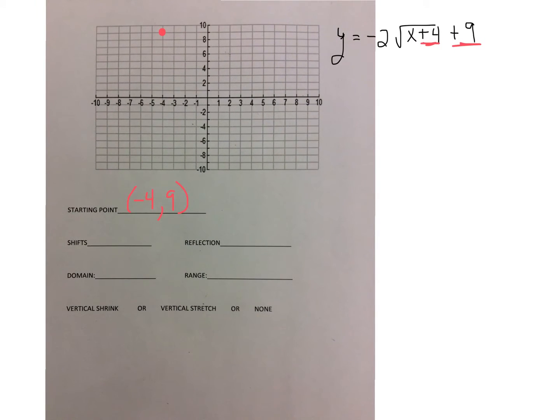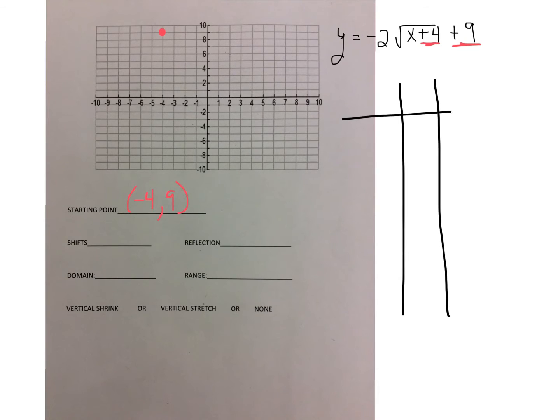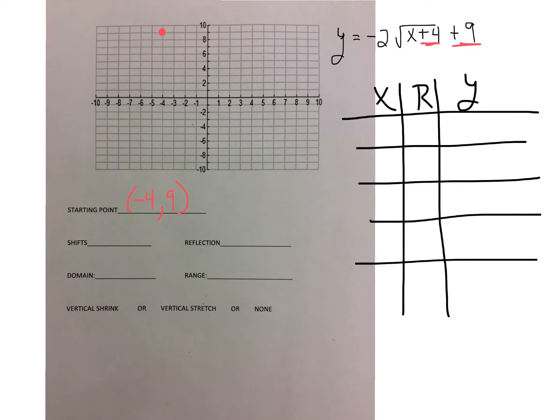Okay, so I'm going to make my chart: x, radical, y. Now knowing the shortcut, technically you really don't need the radical spot anymore, but if you want to have it there for comfort, you can. So we know our starting point is -4, 9.